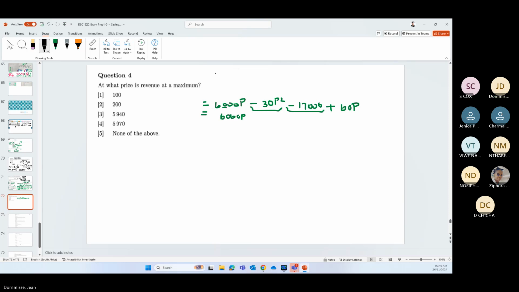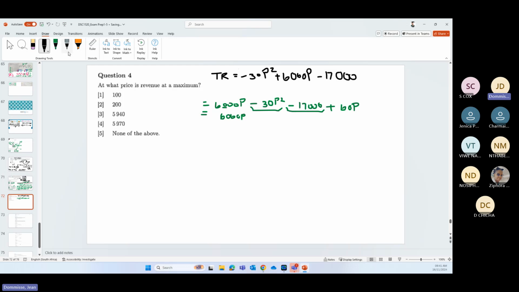So our total revenue is equal to minus 50p to the power of 2 plus 660p minus 17,000.